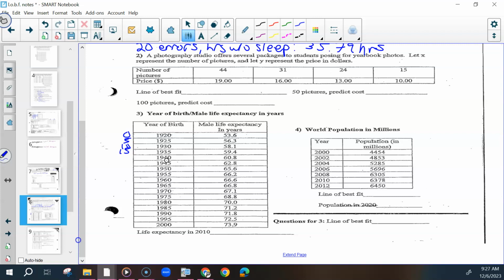But these are all zeros and 5, so I can say 20, 25, and keep going. So instead of putting in the years, we're going to put in those numbers, 0, 5, and so on and so forth.